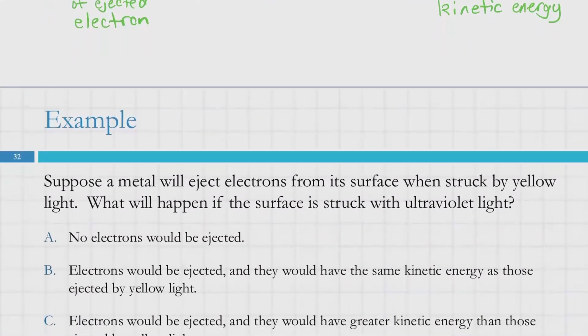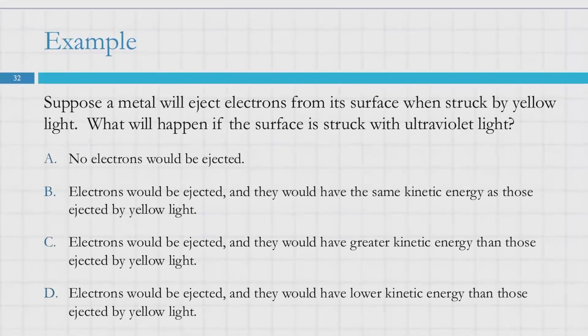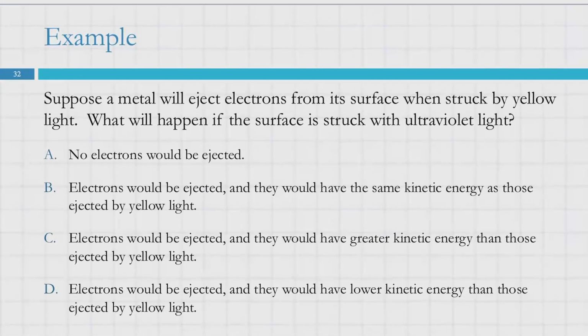Okay. So testing our conceptual understanding, let's say that a metal will eject electrons when it's struck by yellow light. What's going to happen if the surface is struck with ultraviolet light?